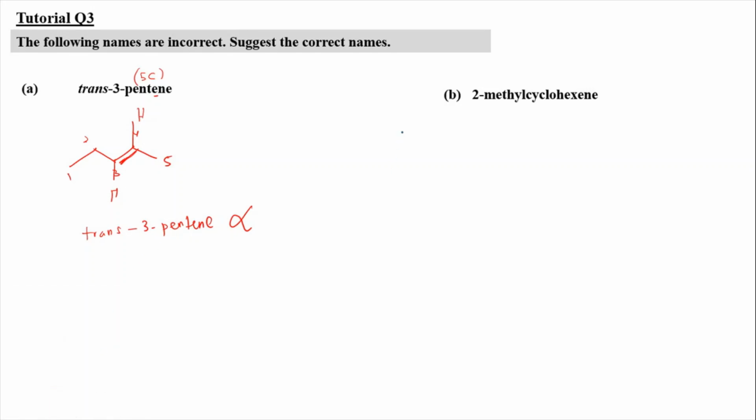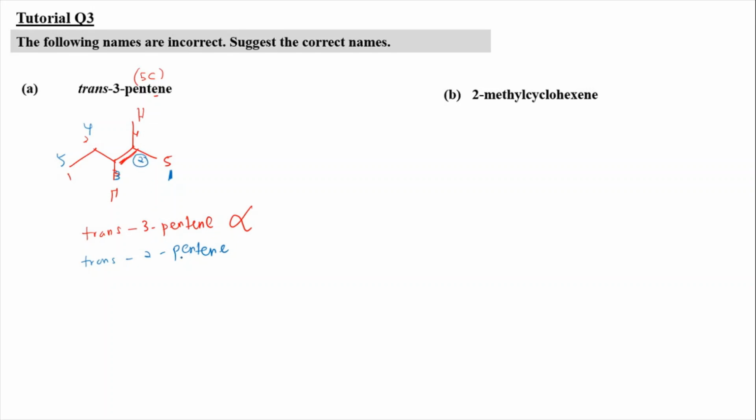okay, so I can do the numbering. Actually 1, 2, 3, 4, 5 is incorrect because I should do the numbering from here. 1, 2, 3, 4, and number 5 here. So the name is going to be trans 2-pentene, because I need to take the lowest number as the name.